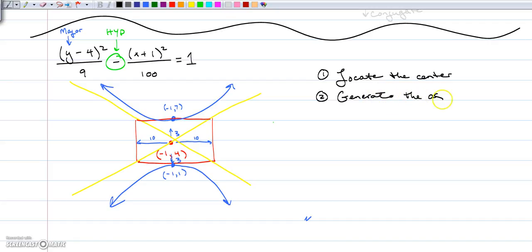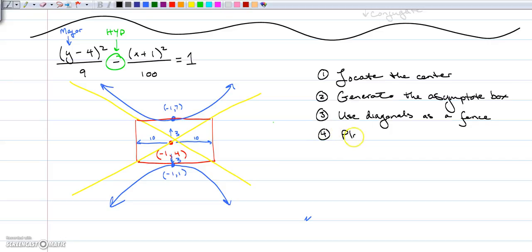I'm going to call it the asymptote box for your notes. The third step is to draw in the asymptotes, using the diagonals. And the fourth step is to place the vertices and sketch.